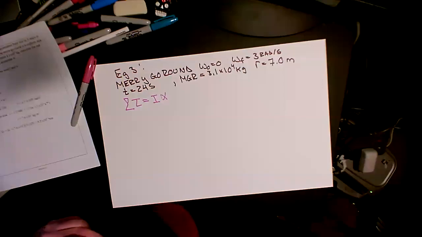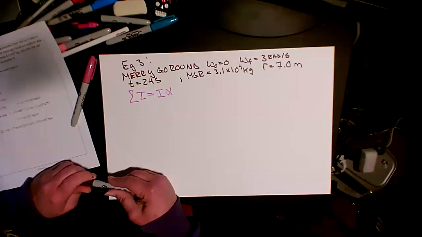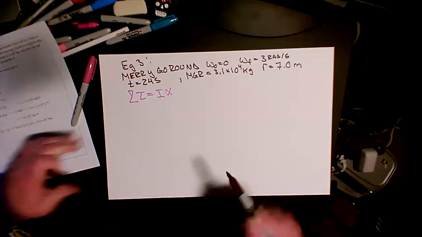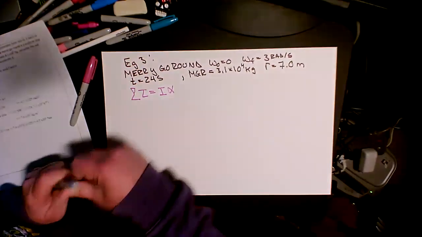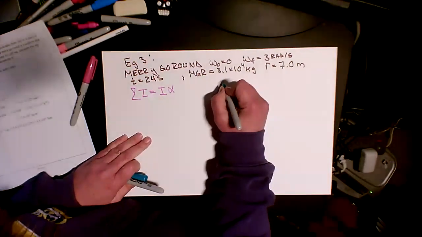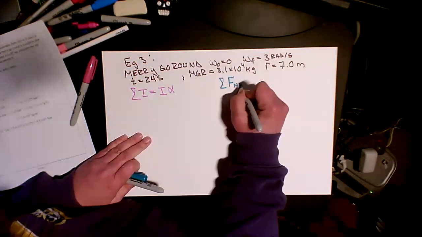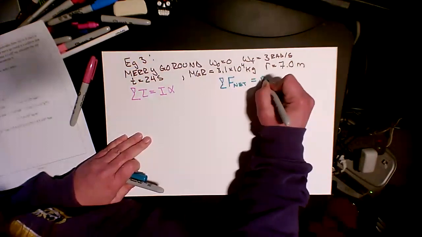So now let's think about what happens when I don't have a static condition. In forces, if we weren't static, if we had a net force, then we said that the sum of my force net equaled ma.